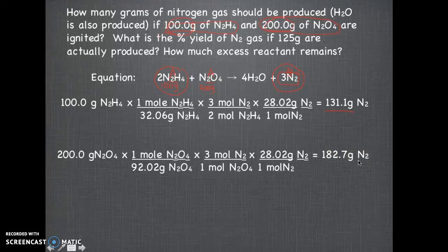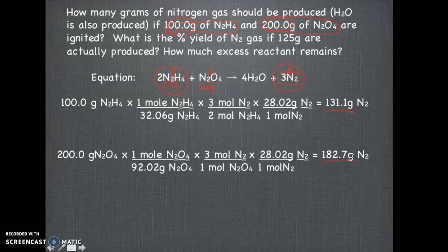Now, let's go ahead and analyze this information that we have, as we just did two stoichiometry setups. So according to this, if you were to look right here, according to the second stoich setup that we did, we're being told that we can make 182.7 grams of nitrogen, okay, if we use 200 grams of N2O4.